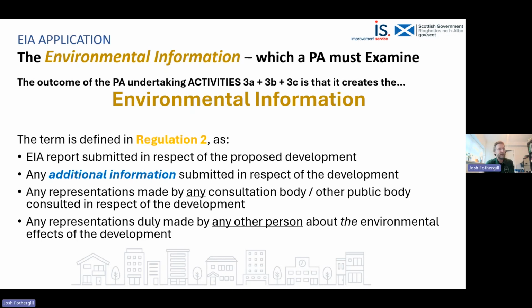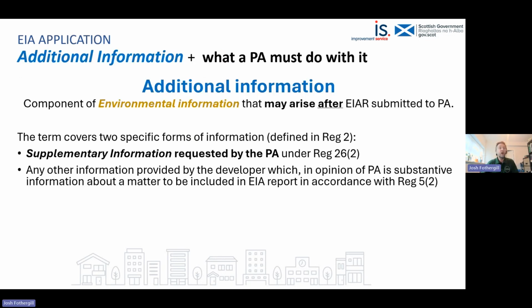So what do we mean by additional information by the developer? Well, again, this is defined in Regulation 2, and additional information can be information that you request through a supplementary information request. We'll come on to that later on because that comes a little bit later in the process once you've started examining this information.